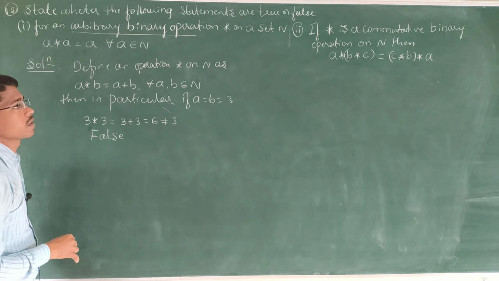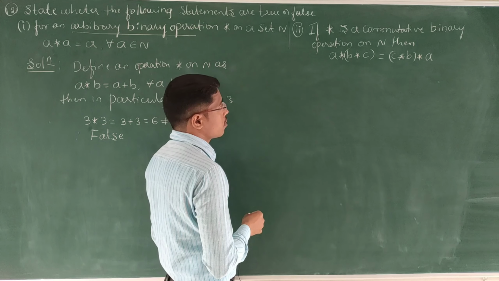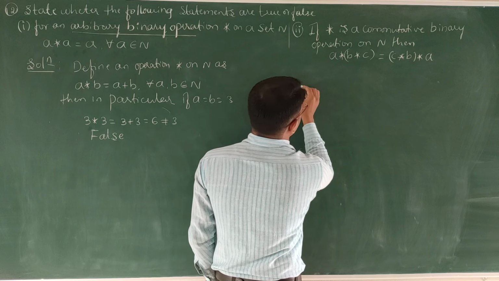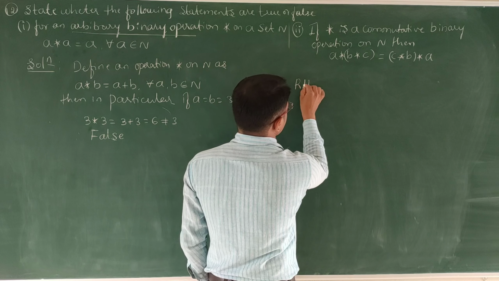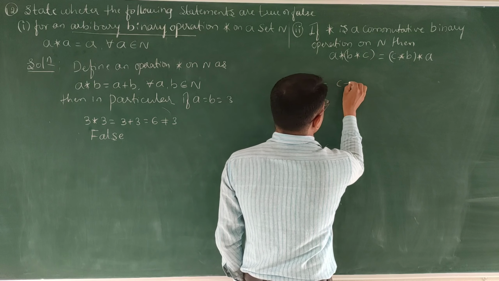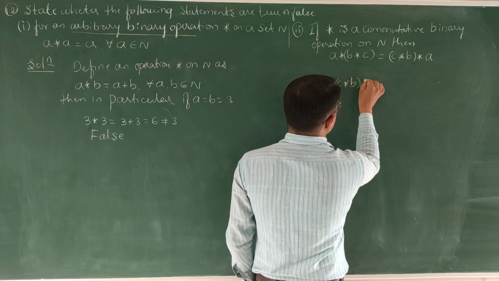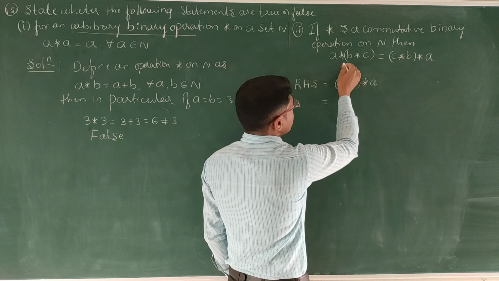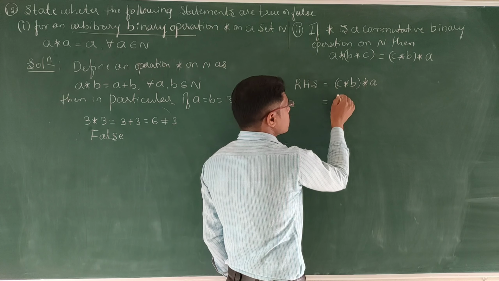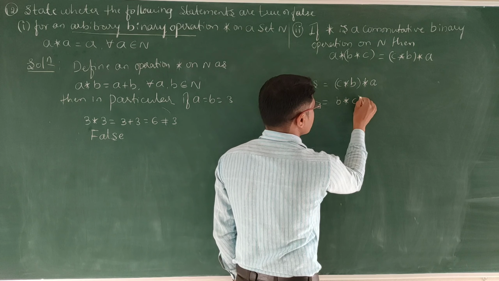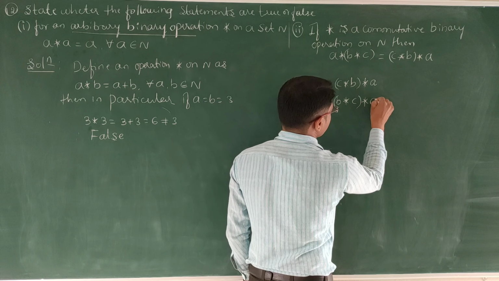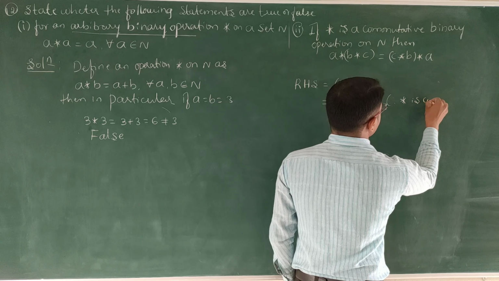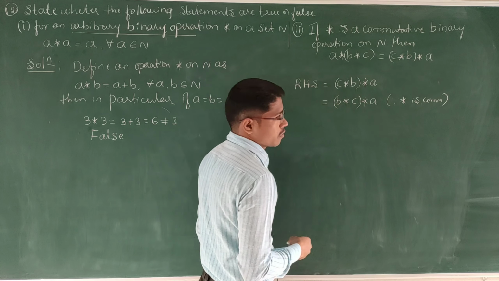Okay, next: star is a commutative binary operation on N. Then they have given this one, and I will consider the right hand side, RHS: C star B star A. Okay, this is equal to B star C star A, because star is commutative, so we can interchange these two.